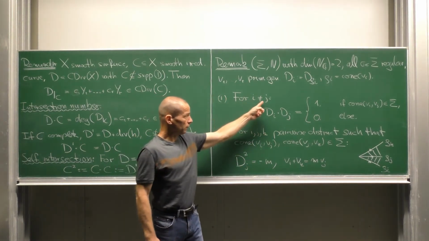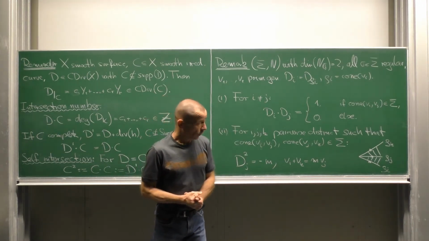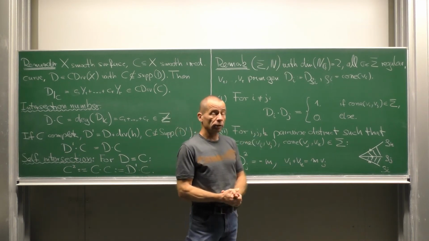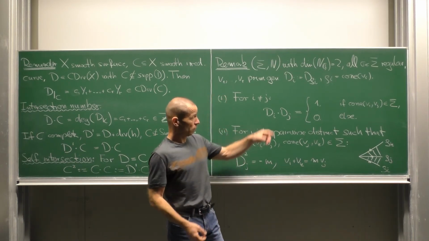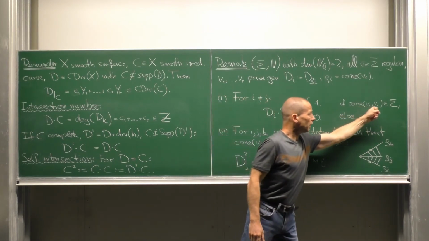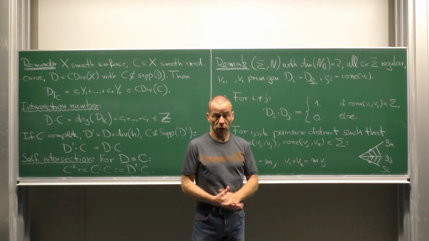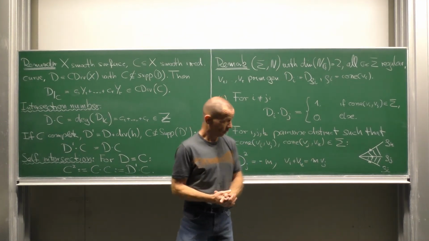Now for two distinct i and j, the intersection number Di dot Dj is 1 if the cone generated by vi and vj belongs to Σ, and 0 otherwise.